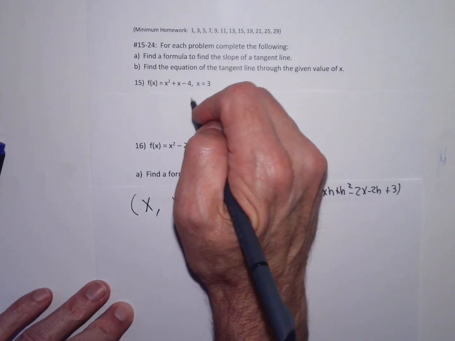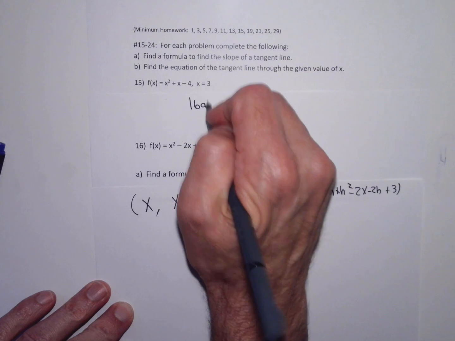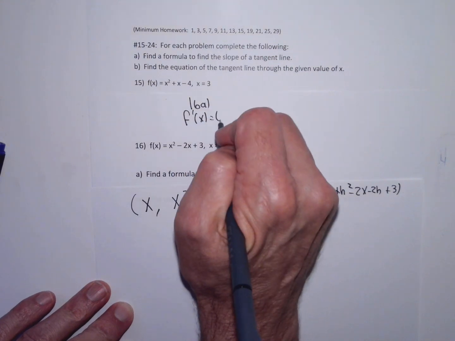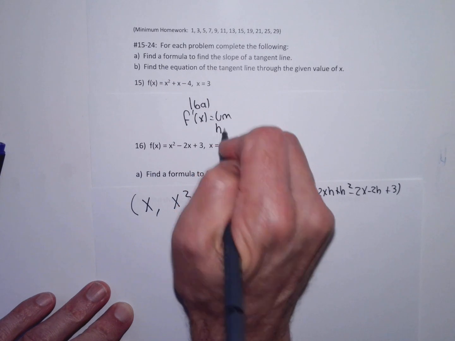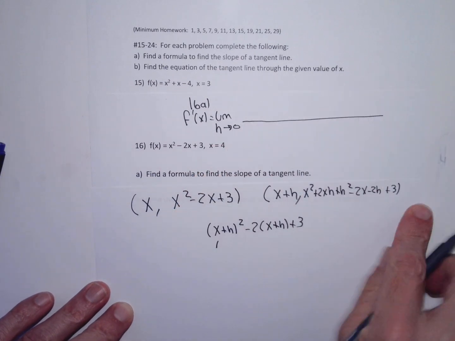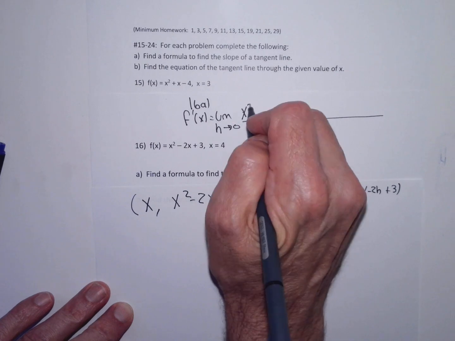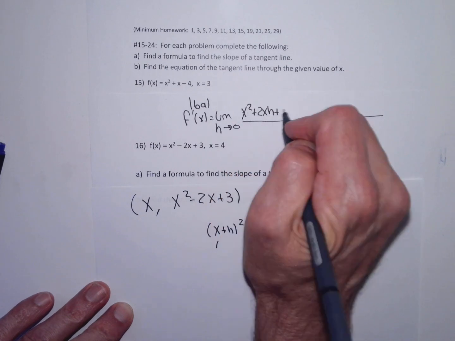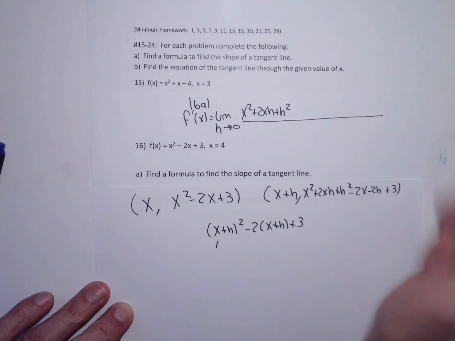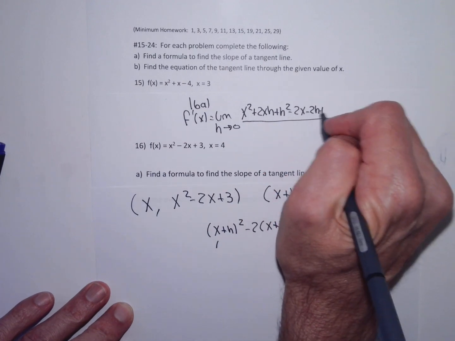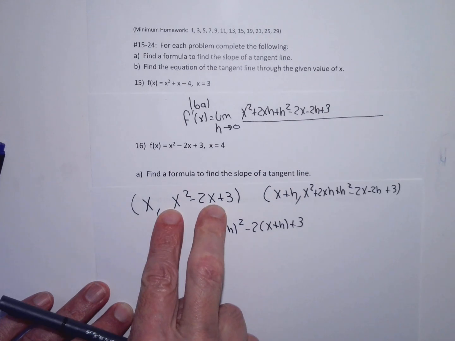So for 16a, I'm going to say the derivative f prime of x is the limit as h approaches 0 of this long string here, x squared plus 2xh plus h squared minus 2x minus 2h plus 3 minus this y.